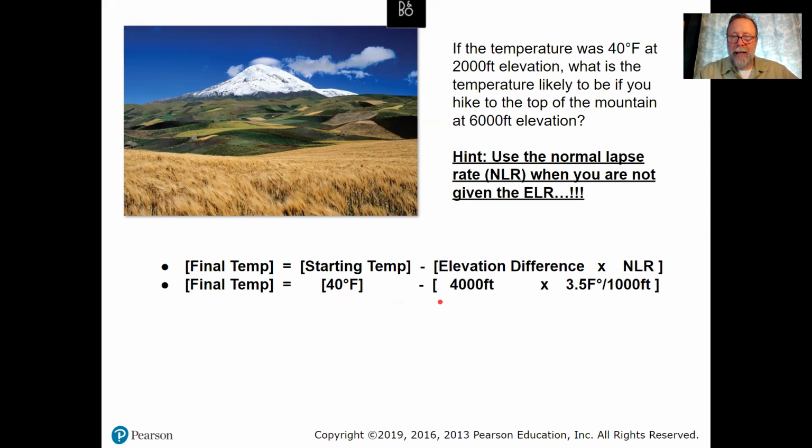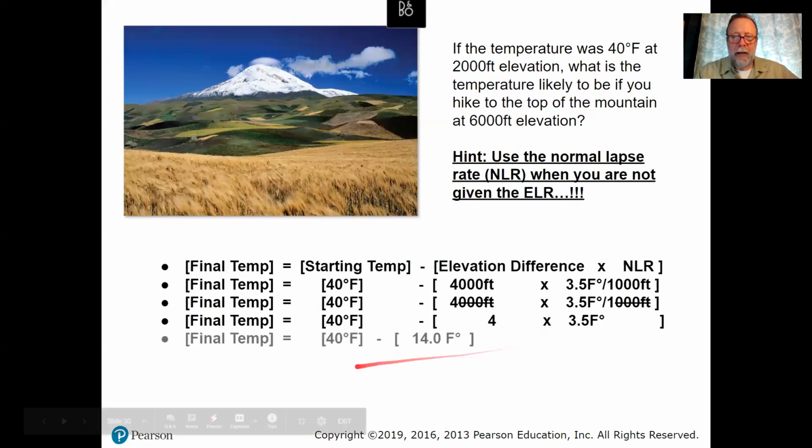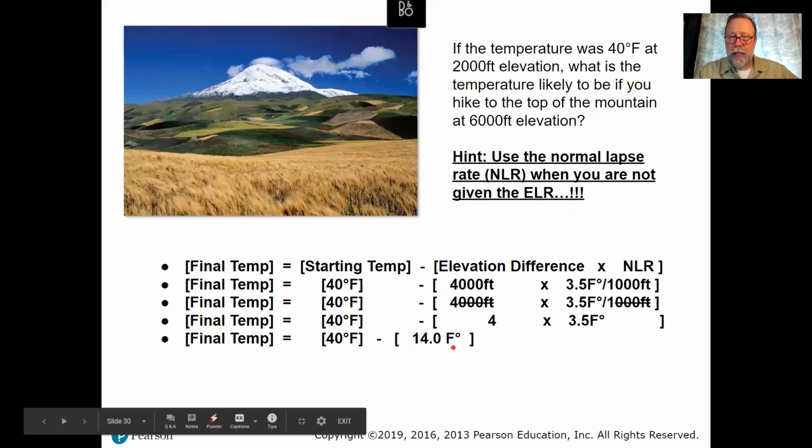So 40 minus 4,000 times 3.5 per thousand. And I showed you before, you can cancel the zeros in this case. So what do you get? 40 minus the value of 4 times 3.5. That's 40 minus 14, which is 26 degrees Fahrenheit.